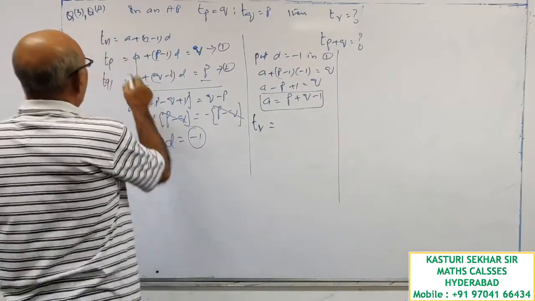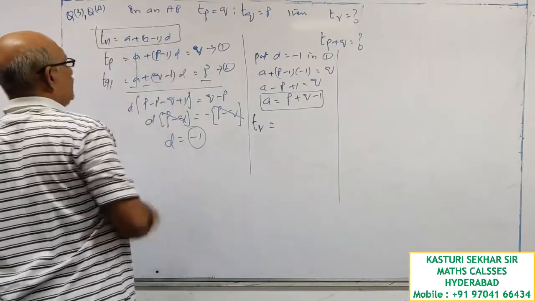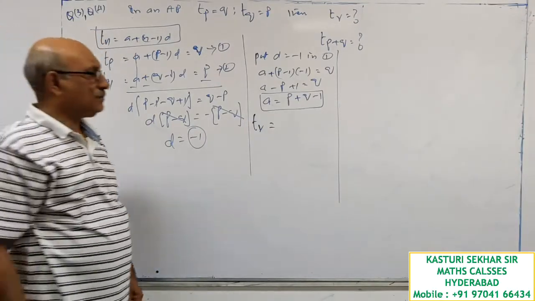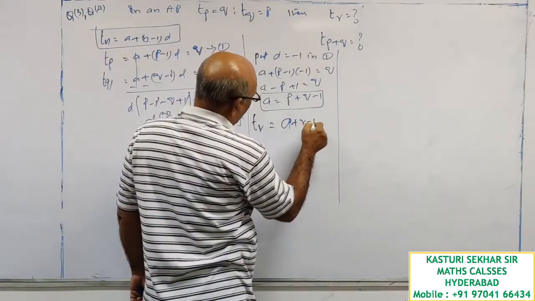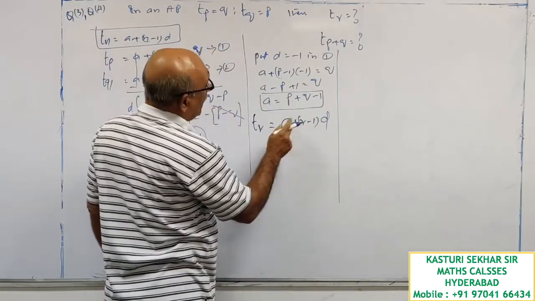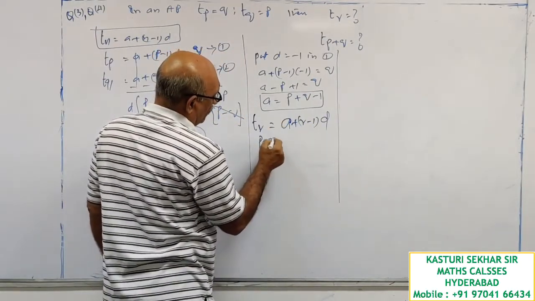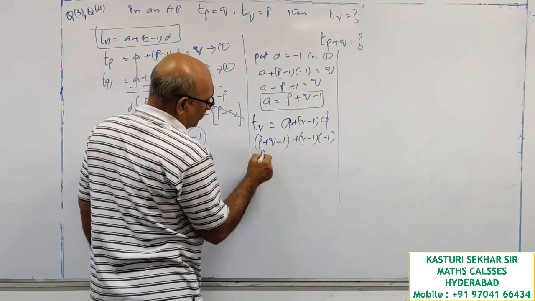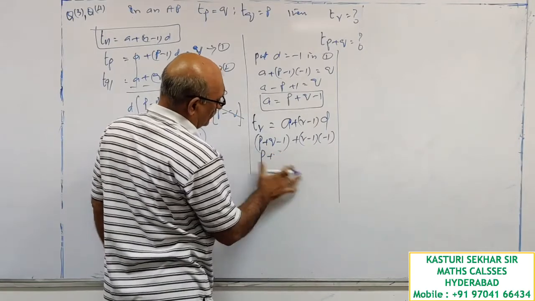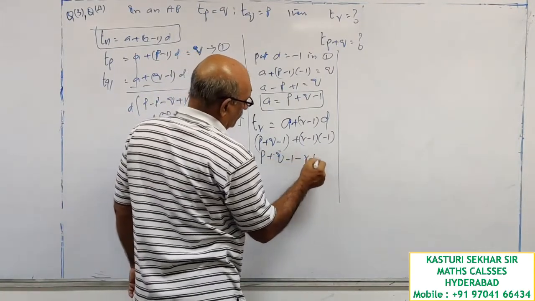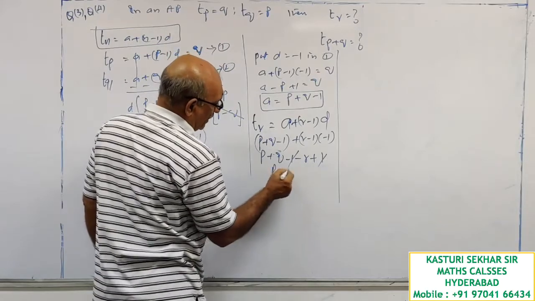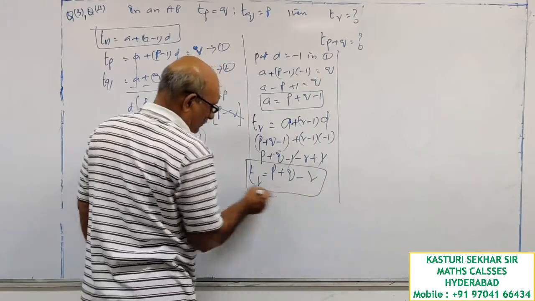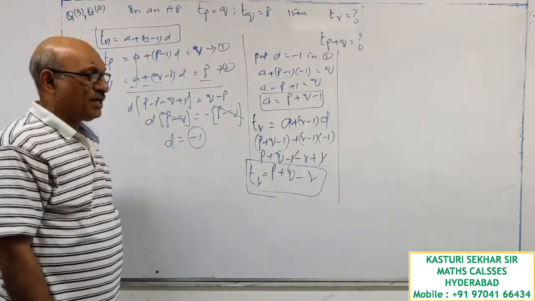TR is equal to, in the general term, you replace n with r. So this is a plus (r minus 1) into d. A is equal to p plus q minus 1 plus (r minus 1) into common difference, which is minus 1. Plus 1 minus 1 cancel. This is TR is equal to p plus q minus r.